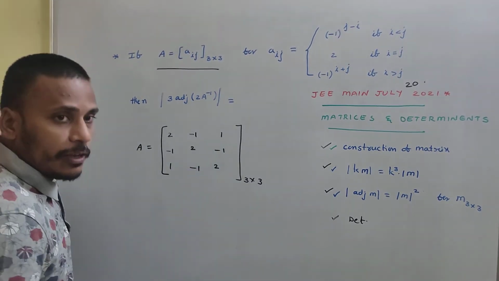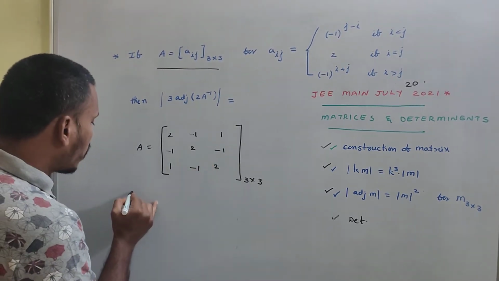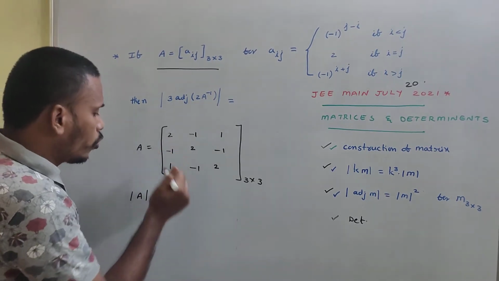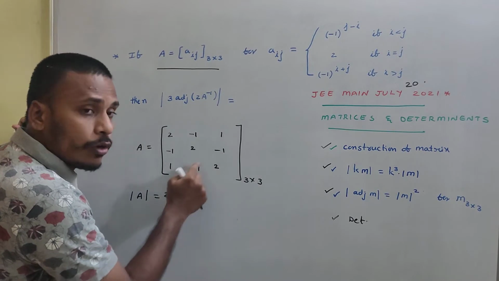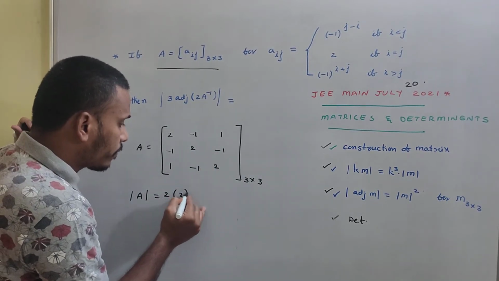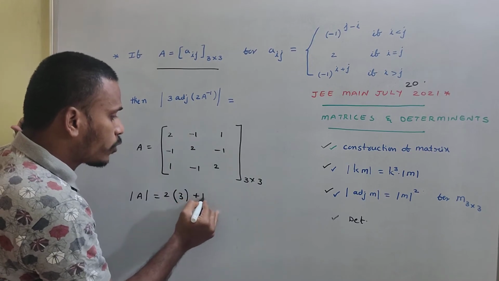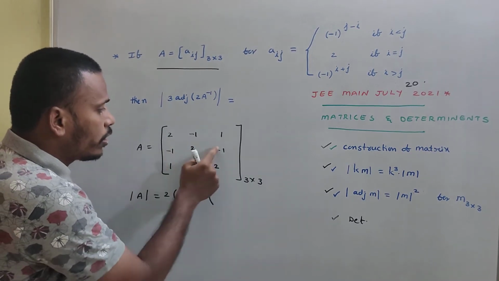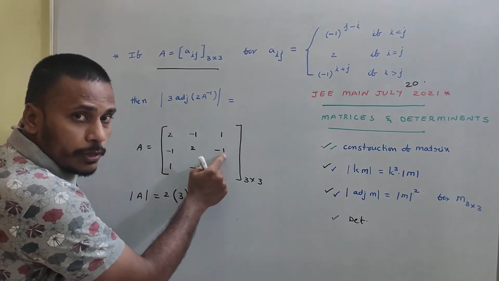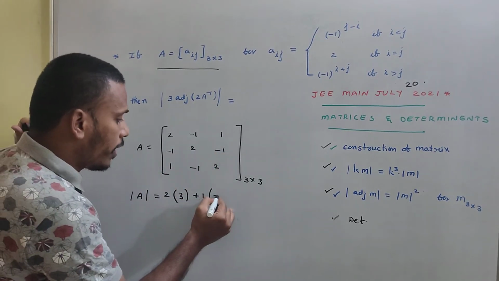After having matrix A, we need to find its determinant. It is easy to find, right? So 2 into, use these 4 elements: 2 twos is 4, minus 1 is 3. Minus of minus, plus 1 into, concentrate on these 4 elements: minus 2, minus of minus, minus 2 plus 1 is minus 1.